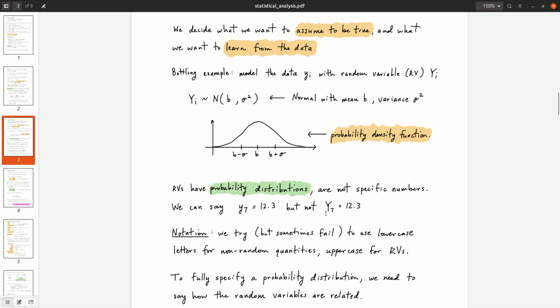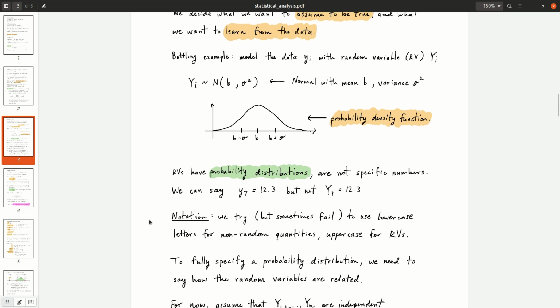So these are two fundamentally different types of objects. This is data. This is something I can write on this piece of paper. It's something I could type into a computer or store in a file. But this is a more diffuse thing. This thing has a probability distribution. It doesn't possess a specific number.